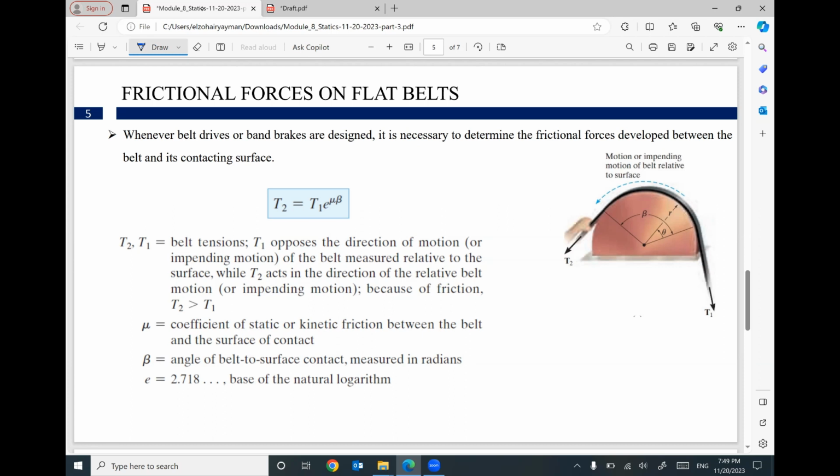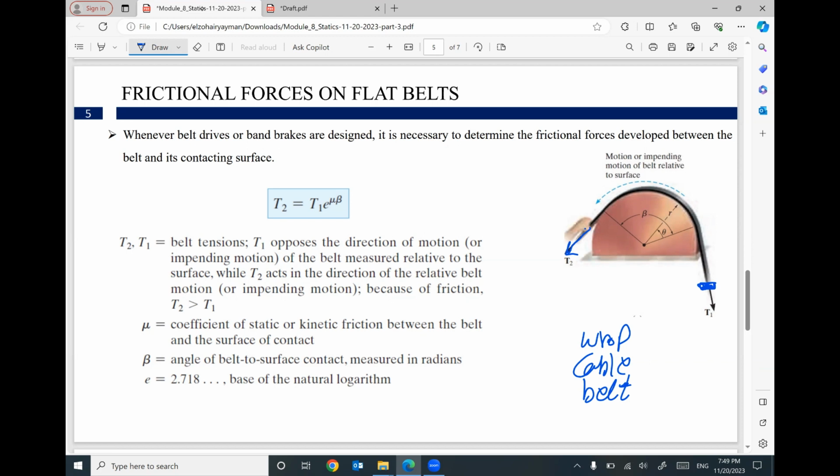If you have a cord or cable or rope or belt rounded on a surface, and you are trying to lift something connected to this belt from the other side, and you are pulling the belt from this side.